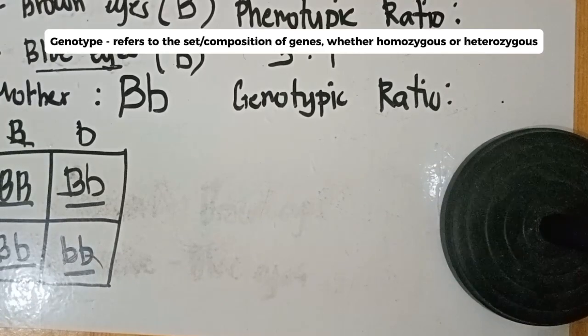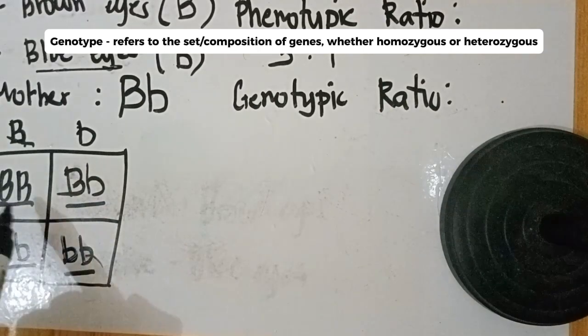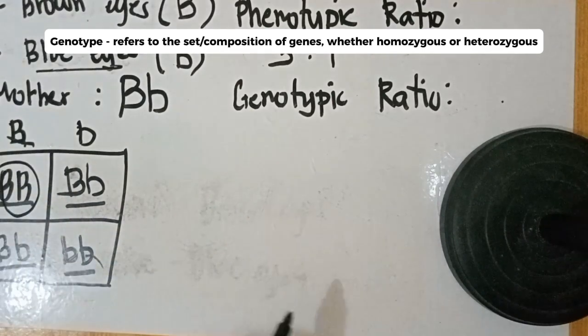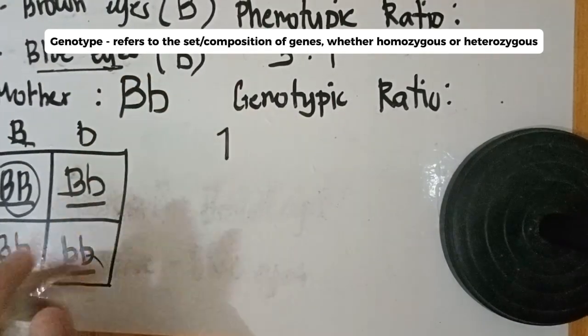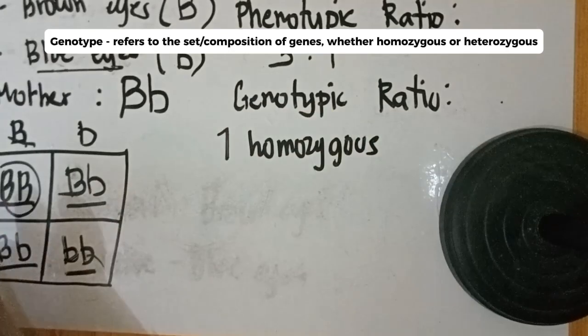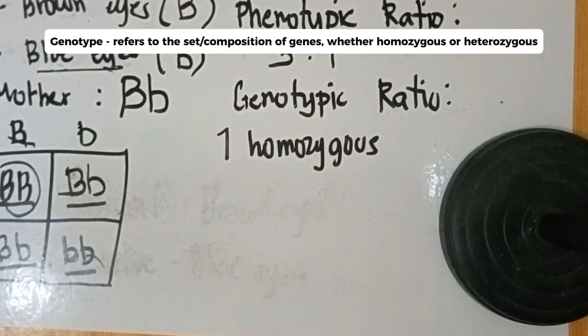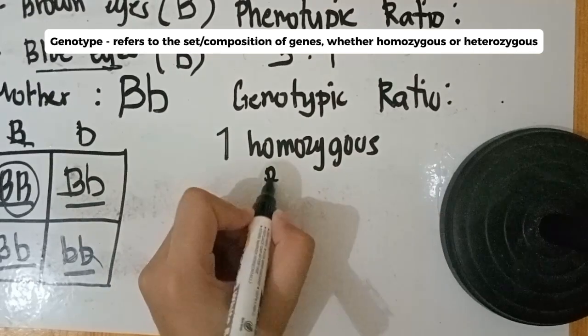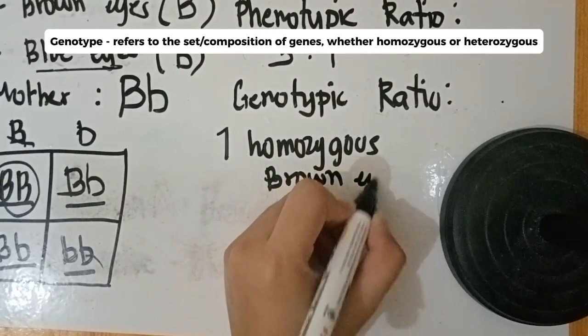Next, we have the genotype or genotypic ratio. Genotype refers to the set or composition of genes, whether homozygous or heterozygous. When we say homo, they contain the same set of genes. Here, we have one homozygous. What does big B B stand for? It is homozygous for brown eyes.